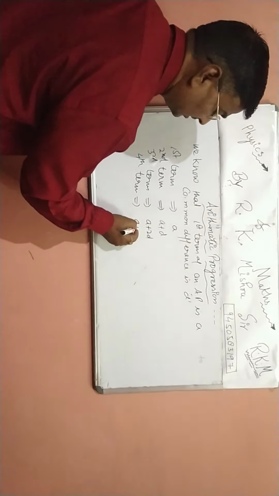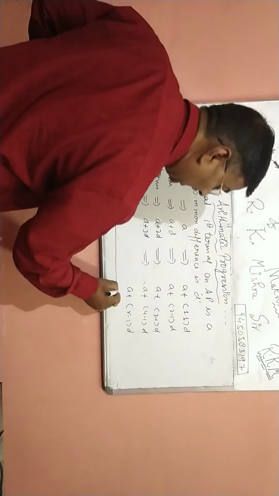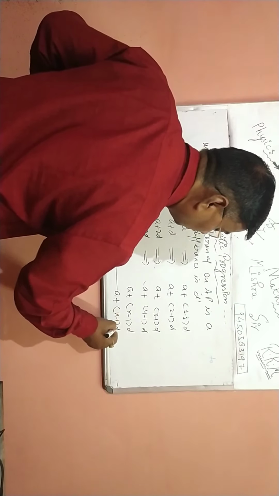What is the pattern here? Look, in the first term A plus 1 minus 1 D, and the second term A plus 2 minus 1 D, in the third term A plus 3 minus 1 D, in the fourth term A plus 4 minus 1 D. In this way you can find the rth term, that is A plus r minus 1 D. The nth term will be A plus n minus 1 D, that is denoted by an.